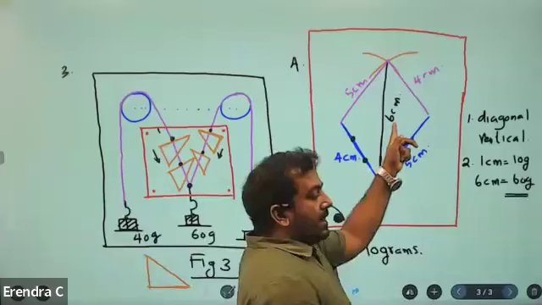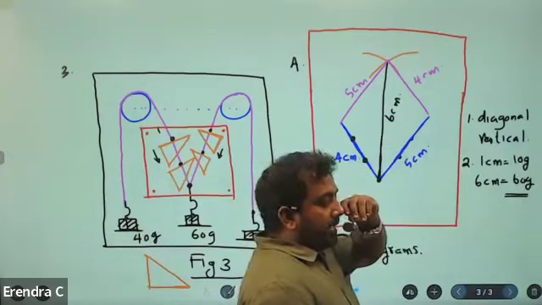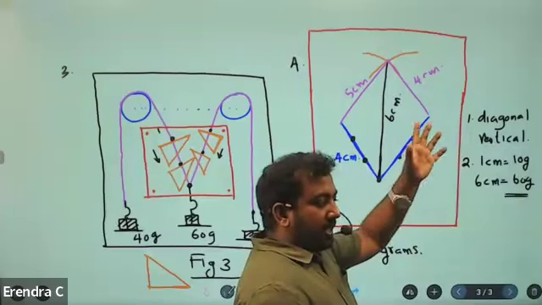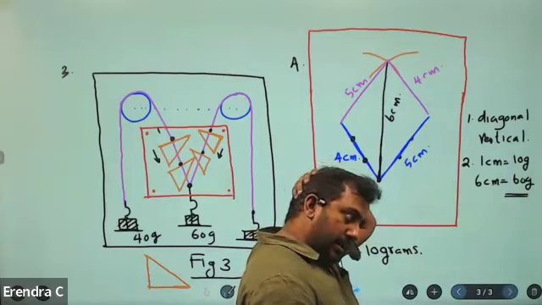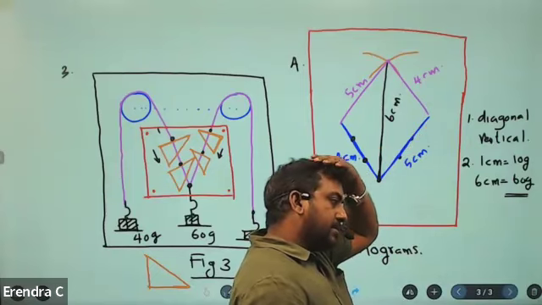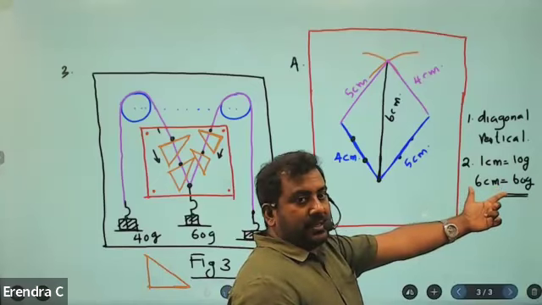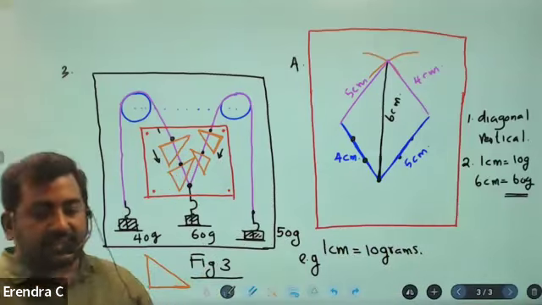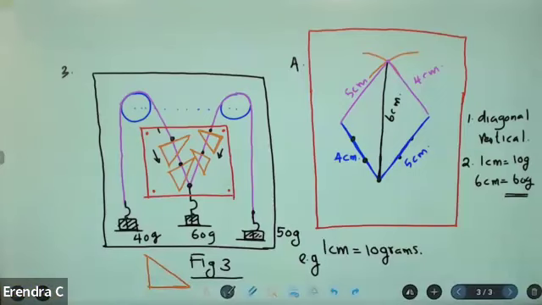The diagonal length will approximately be 6 centimeters, most probably, which will give us a weight of 60 grams.